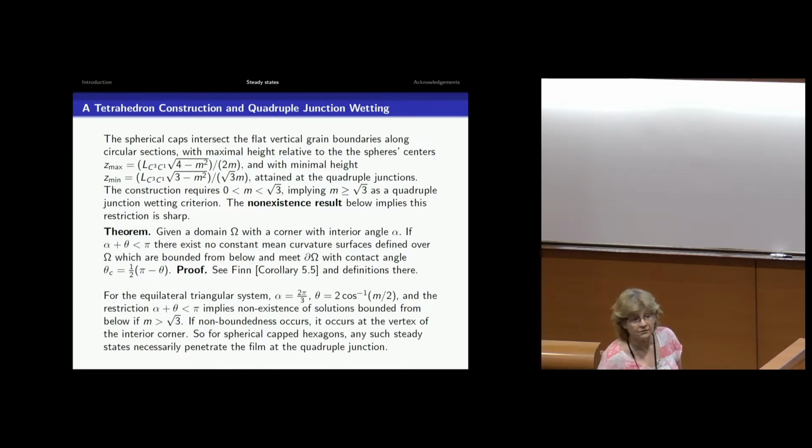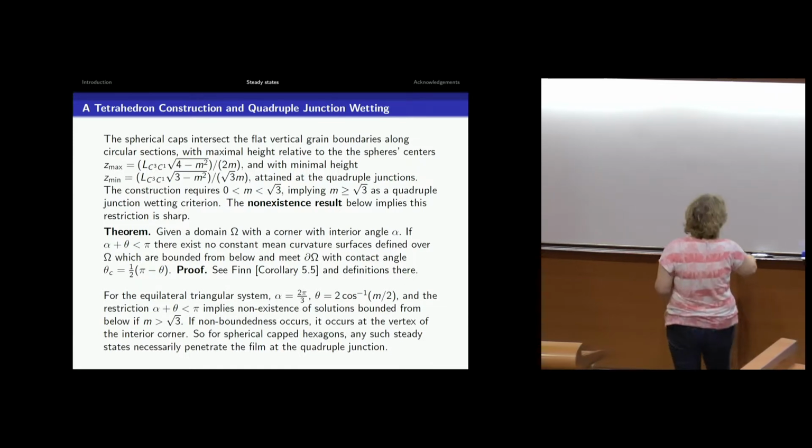So the square root of 3 comes up again, if you wish, as a quadruple junction wetting criteria, and that this is a non-existence result shows that this restriction is sharp. This is from capillary theory. Suppose you have a domain with an interior corner, so you can think of the interior corner in one of the sub-corners of the triangle. We have these triangles.